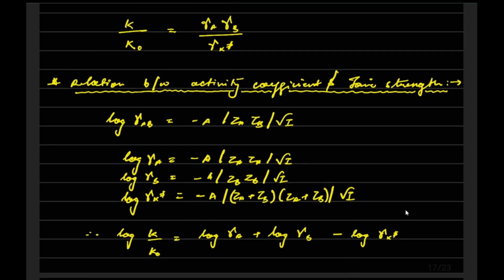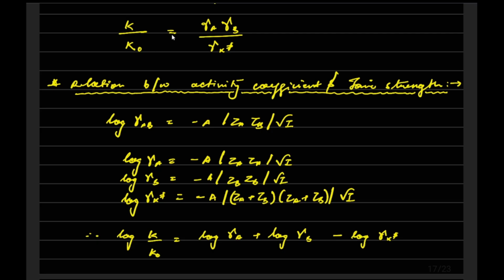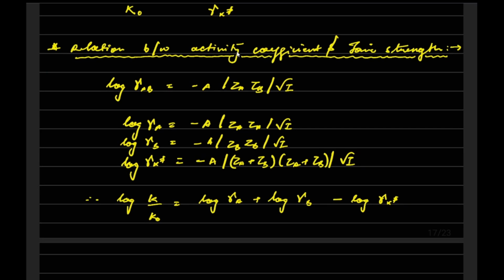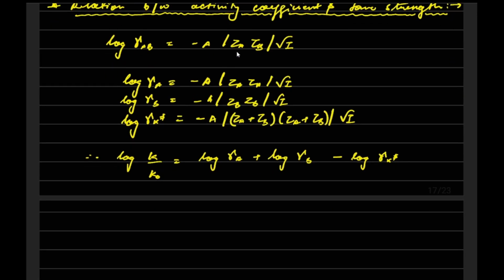That is from here, K by K naught is equal to gamma A gamma B by gamma of the transition state. So that implies log of K by K naught is equal to 2A mod of ZA ZB mod root I.